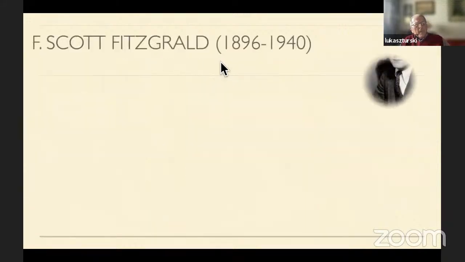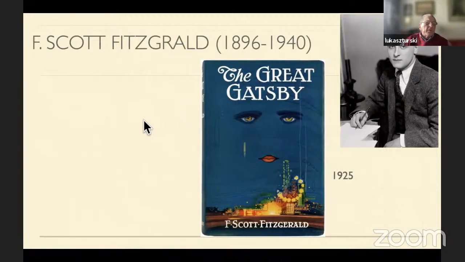And one of them was also F. Scott Fitzgerald, that's his picture, who, among other things, had written again one of these incredible books of our literature, The Great Gatsby.